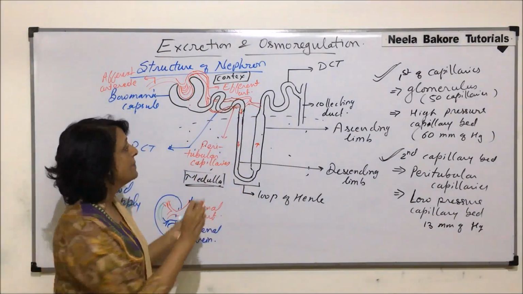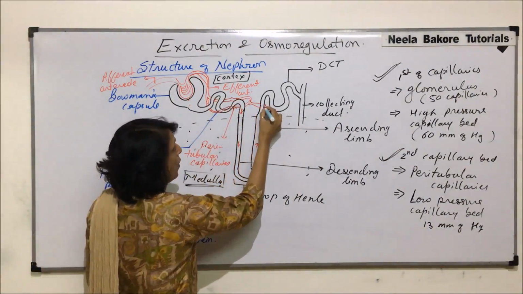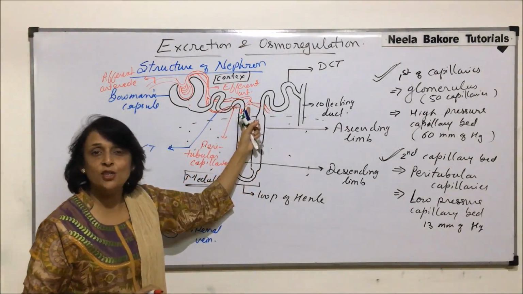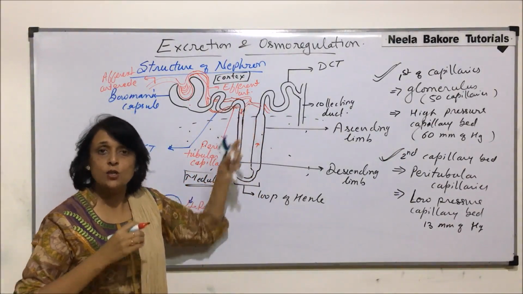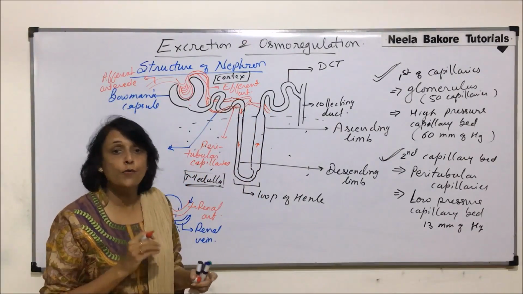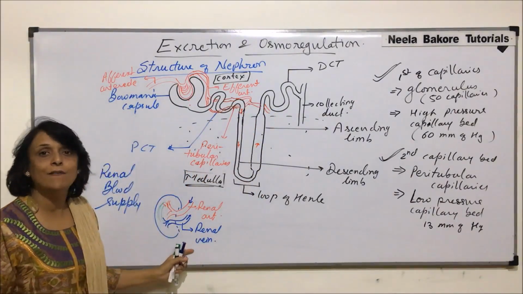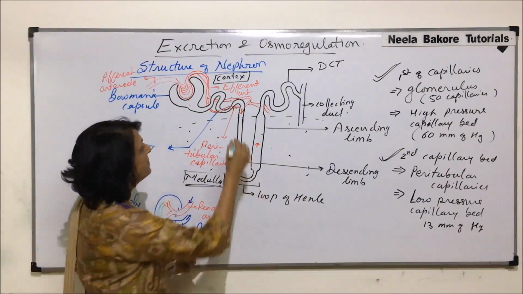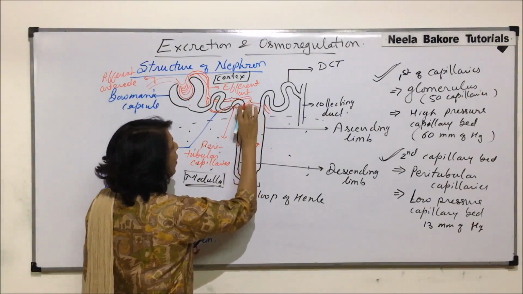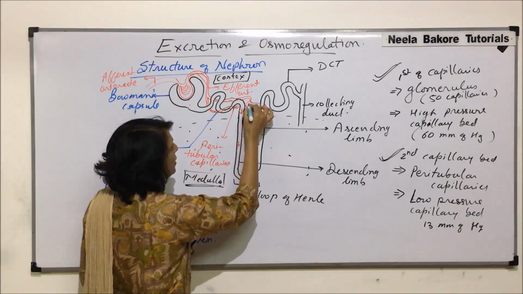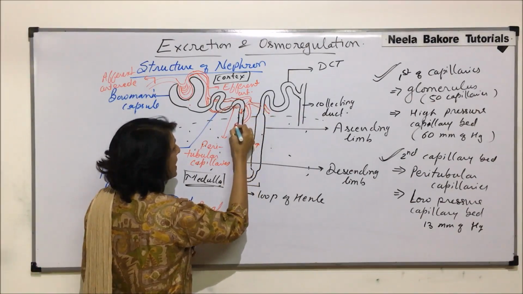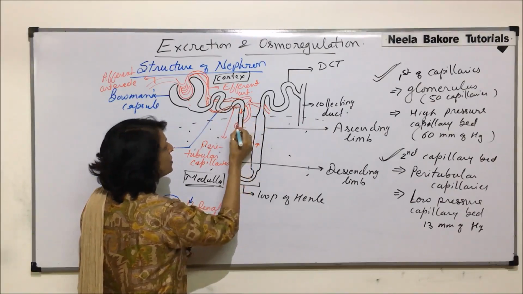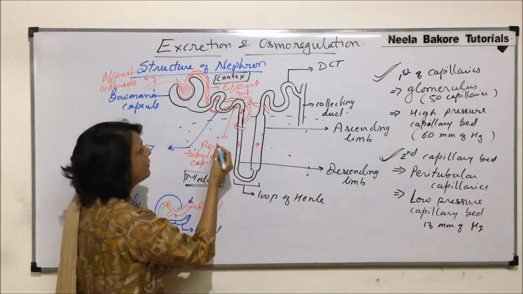Now what happens? In cortical nephrons, these peritubular capillaries would rejoin to form finally the renal vein. But in juxtamedullary nephrons, these peritubular capillaries come and make loops around the loop of Henle.